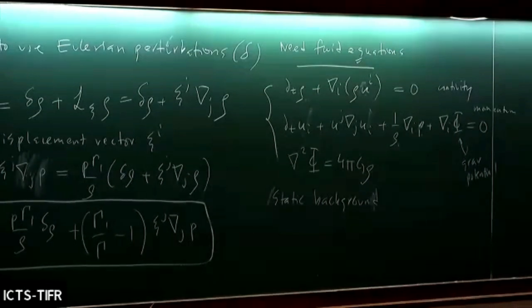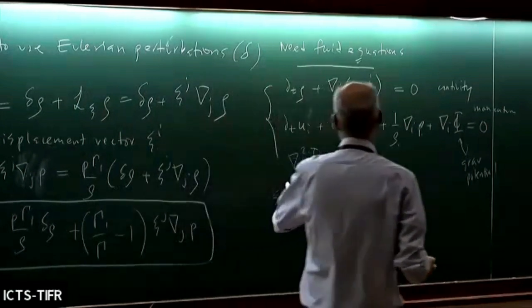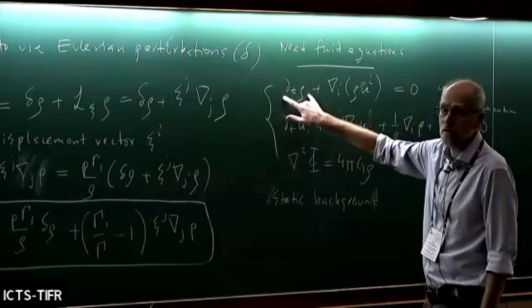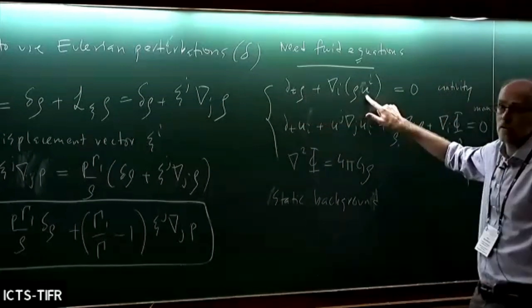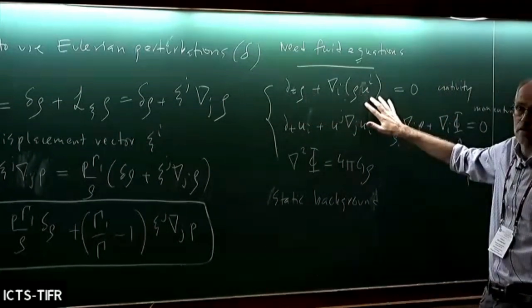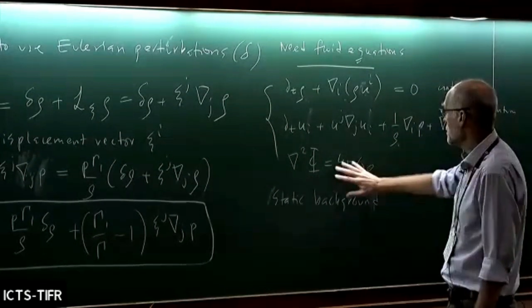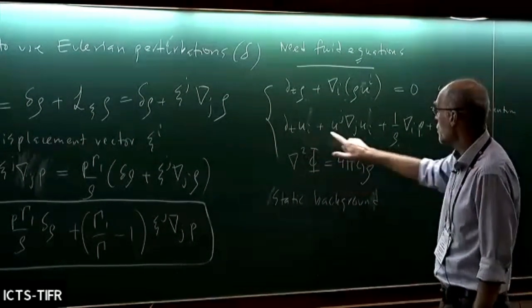Now, I don't want to deal with this mess. So the calculation we're going to do is a little bit easier, but let's just ask what happens to the background. In the background, it's static. This is gone, but this is also gone, so that's automatically satisfied. This gives us something, forget about that for now. This is gone, this is gone.